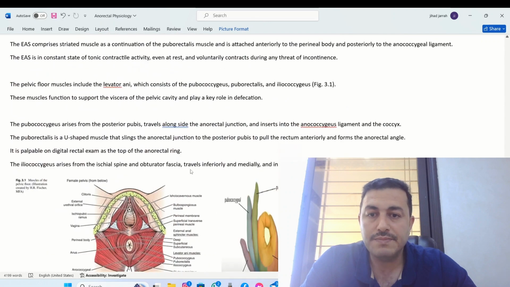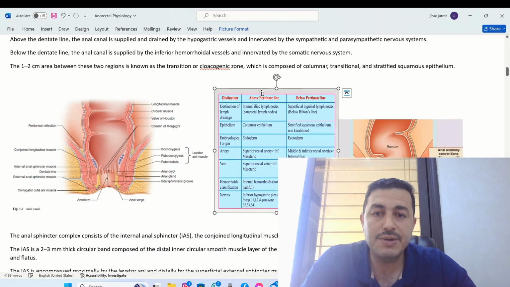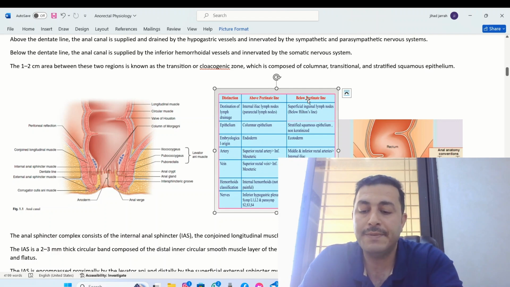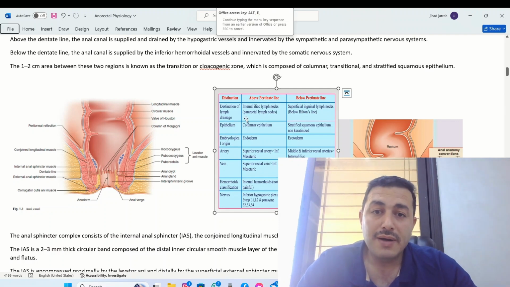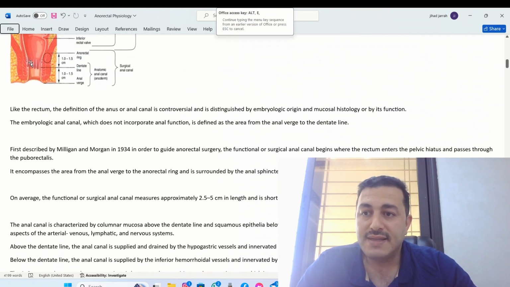Let's go a little bit back. I think here is a nice picture showing the differences between above the dentate line and below the dentate line. This is the transition zone, the dentate line.